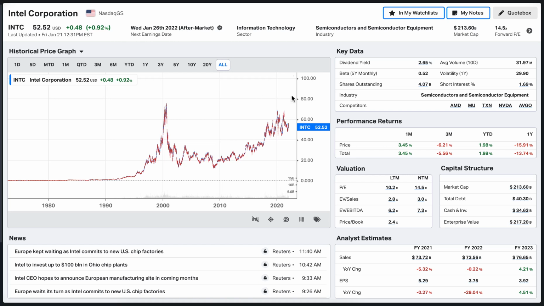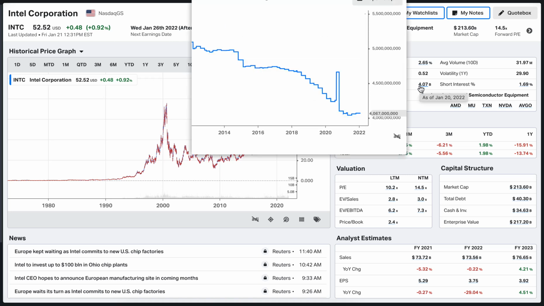So for Intel over here, we go to shares outstanding, and we can see a graph that seems to be dropping in value. There was a little bit of an increase here, but generally speaking, over the years, Intel has been buying back shares, and so that's good for investors because their current shares get more value. So that's a positive thing.